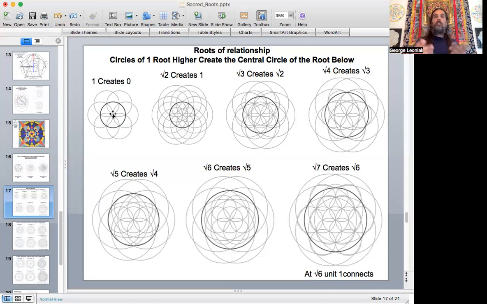Now, why do I have 0 creates 1? Well, we'll start with 0 as the dead center point of your drawing, and then of course we have the 1-inch radius. And then I have here, √2 creates 1. Well, what does that mean? What that means is that I'm using a √2 circle, which are the circles that are around the unit 1 circles. And when I do that, let's zoom in on this image just so you can see this up close.